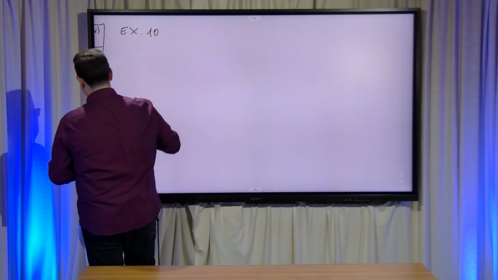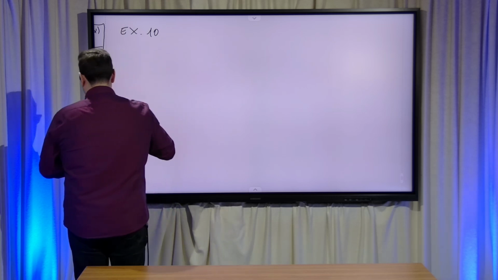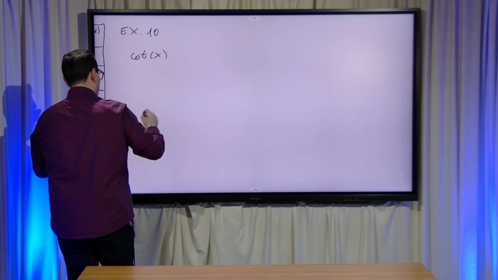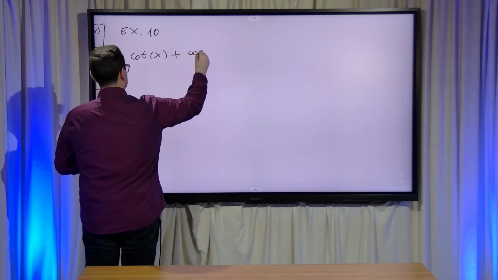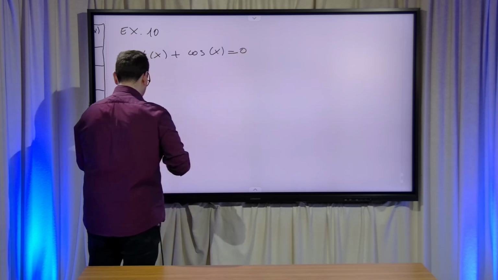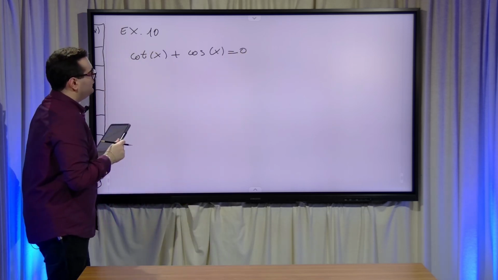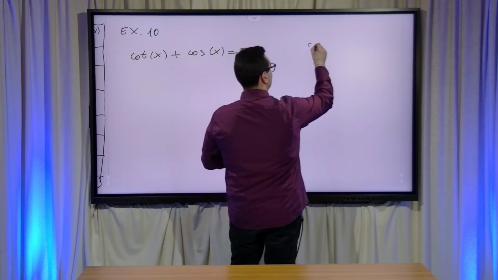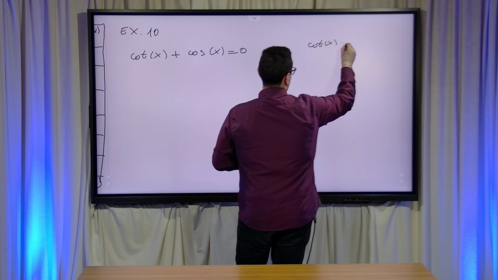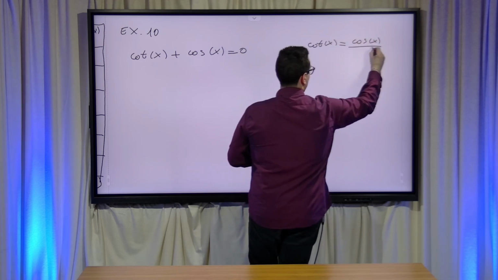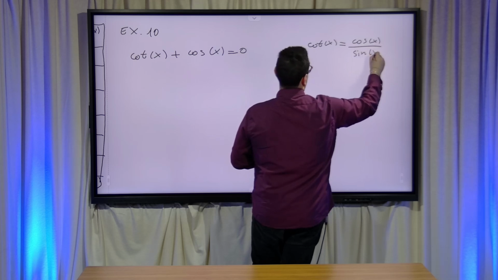Exercise 10. I have cotangent of x plus cosine of x equals 0. Now I can write the cotangent. I recall you that the cotangent of x is equal to cosine of x over the sine of x.